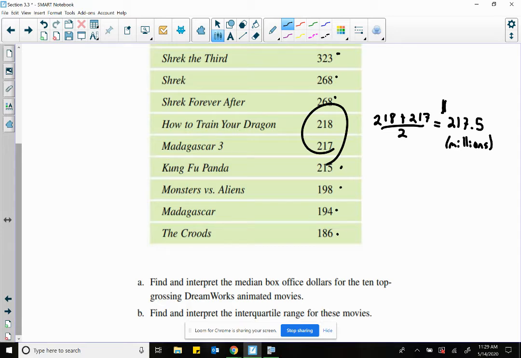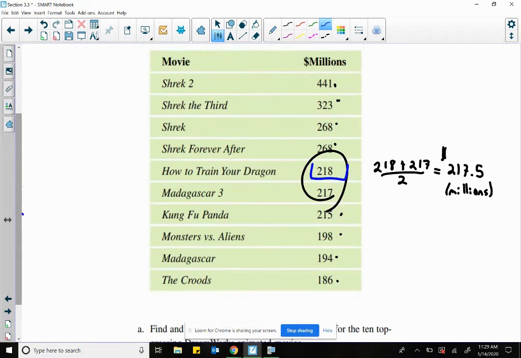Down here it says find the interquartile range. To find it, you do not start on the median; you always start with the numbers next to it. So I'm going to work from 218 to the number up there and find the median.